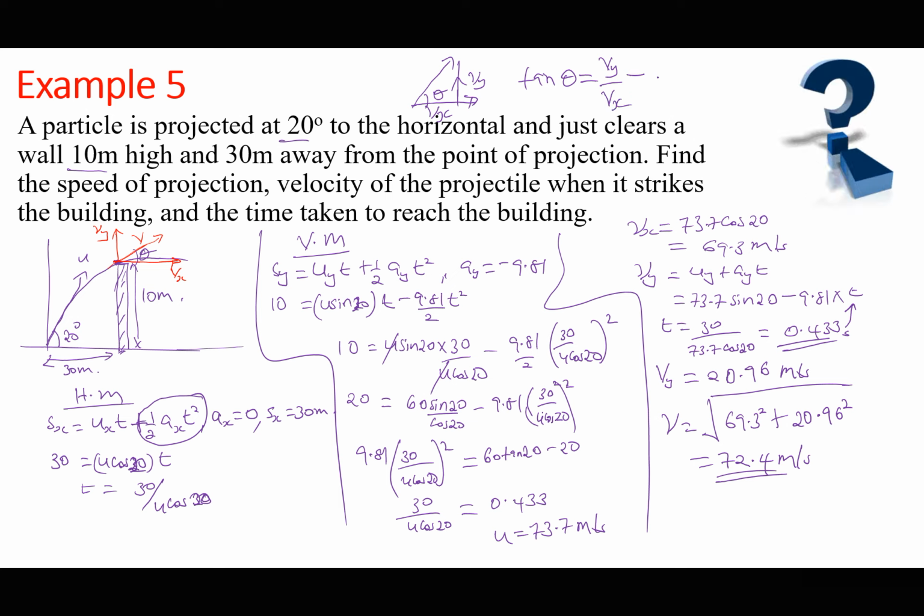So this will be equal to Vy is 20.96 and Vx was 69.3. So this could give us theta in case we are asked to find theta. So theta will be the tan inverse of that. Let me press my calculator. So theta would be approximately 16.9 degrees.